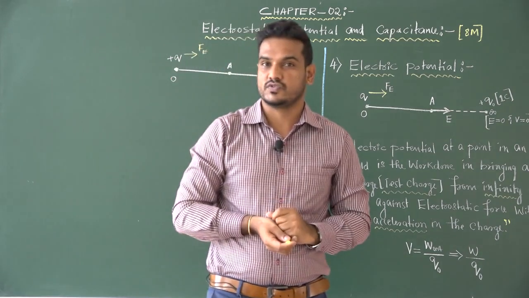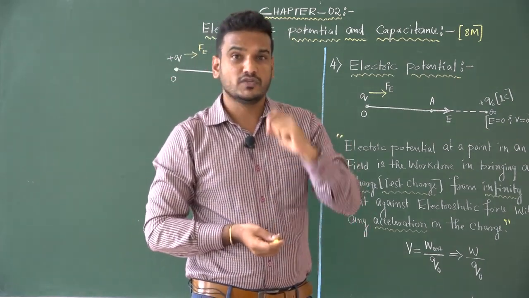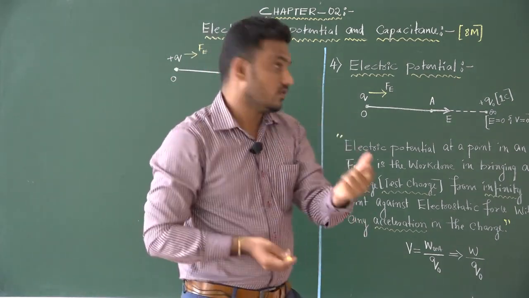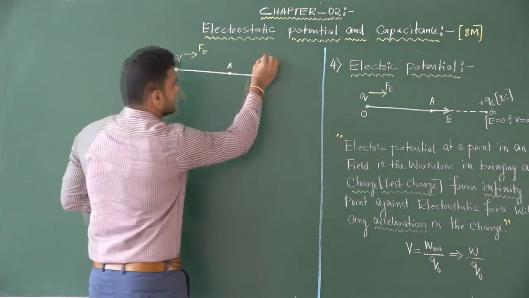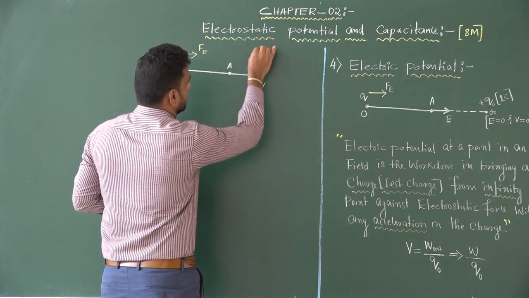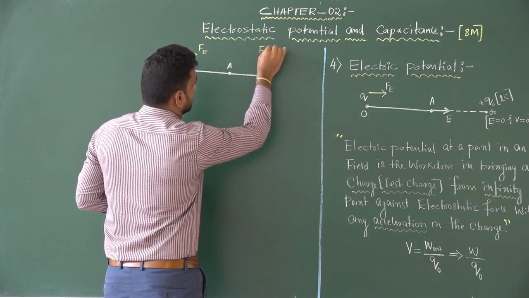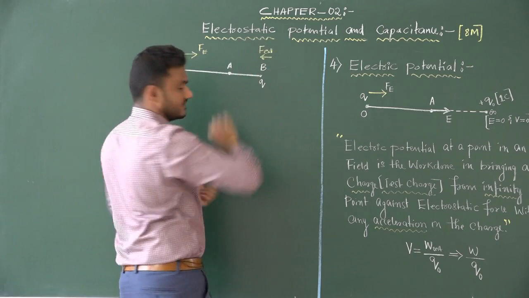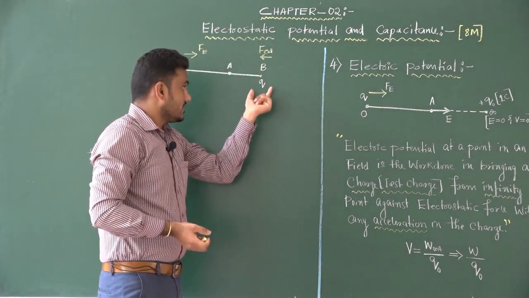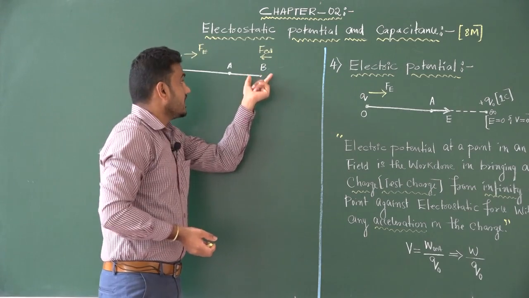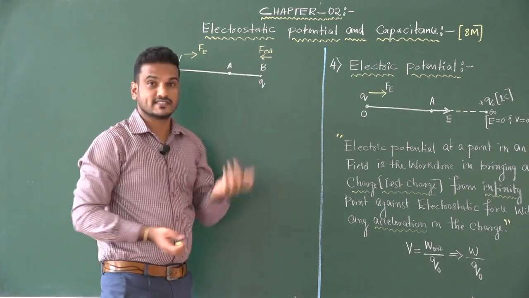Then what are we supposed to do? We need to apply some external force on the charge Q to displace it. So what are we applying? F external. So we are using external force to displace a charge from B to A. So force into displacement is nothing but what?